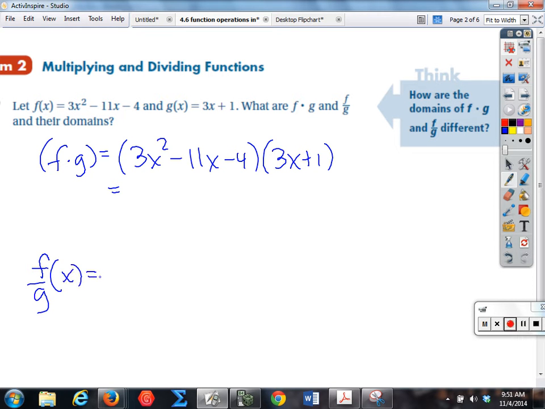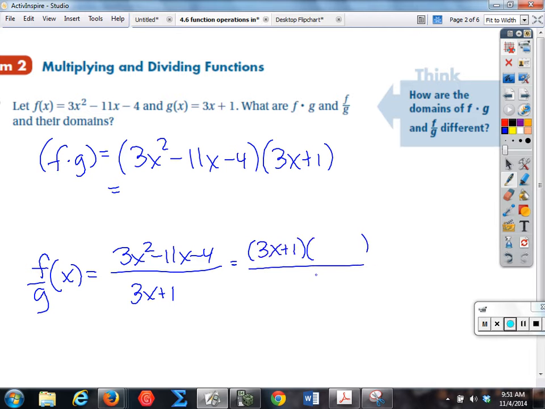It might simplify. So it's going to be f of x divided by g of x, which may simplify. If it's going to simplify, I know that this has to be a factor, so just double check and see if that factors into that, because if not, it's not going to simplify, right?